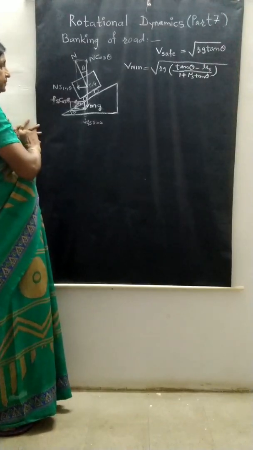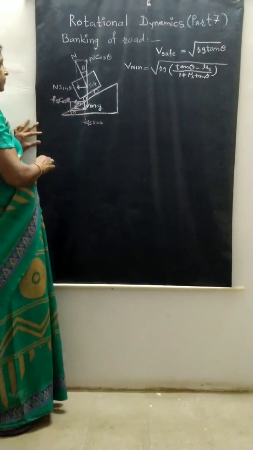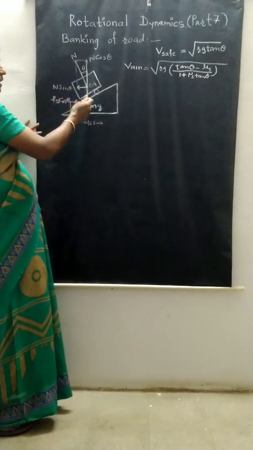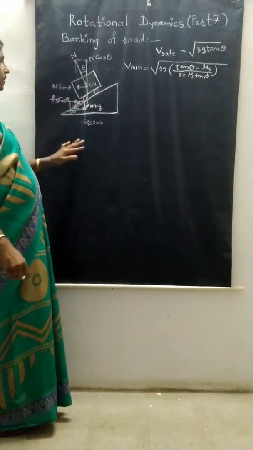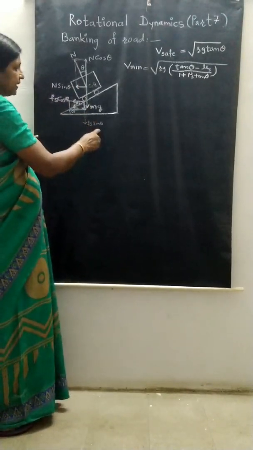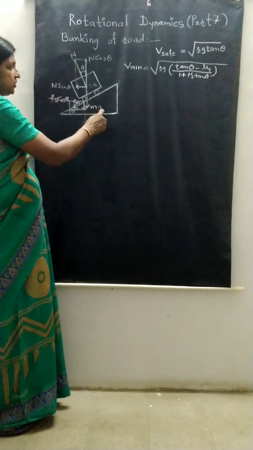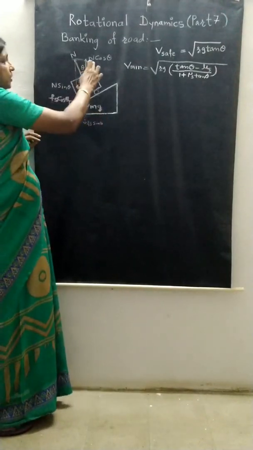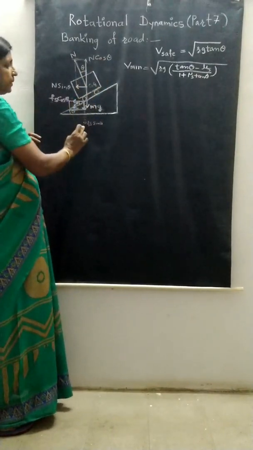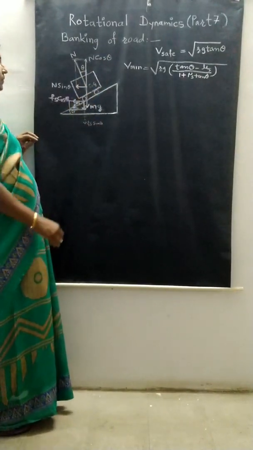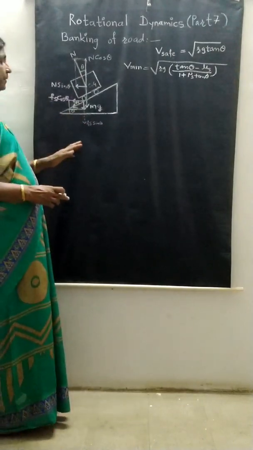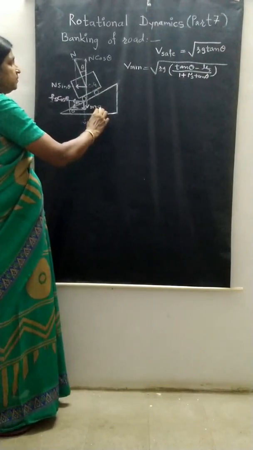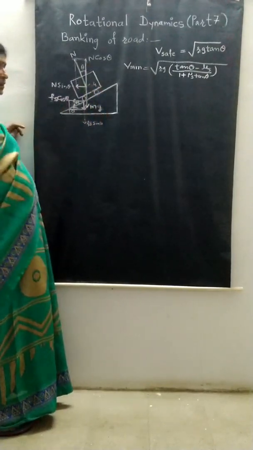In this case, as we are observing here, N sin theta and Fs cos theta are along the same direction, and Fs sin theta and mg are along the same direction. N cos theta is opposite to mg plus Fs sin theta. For stability of the vehicle, the addition of these two forces must be balanced by N cos theta.